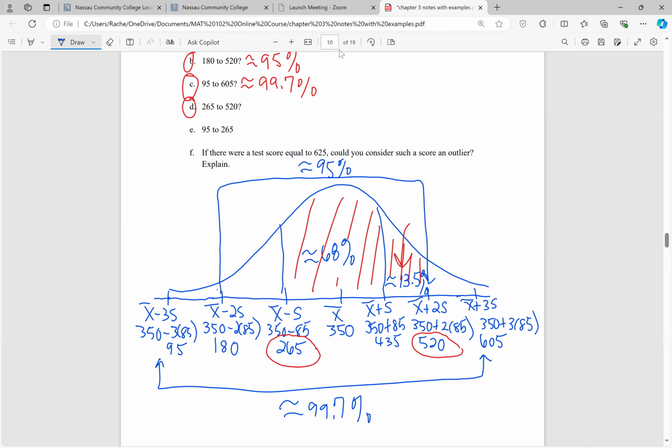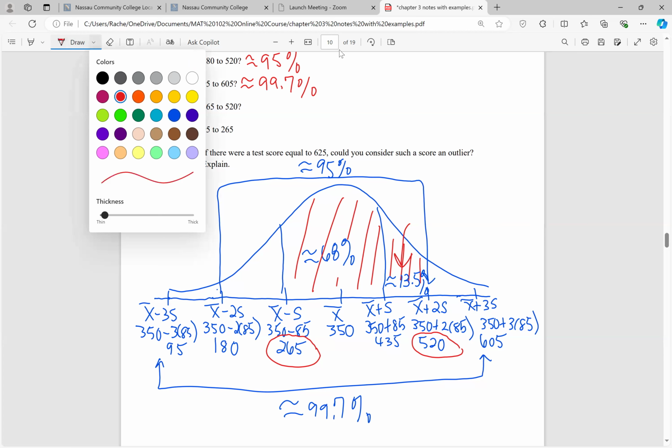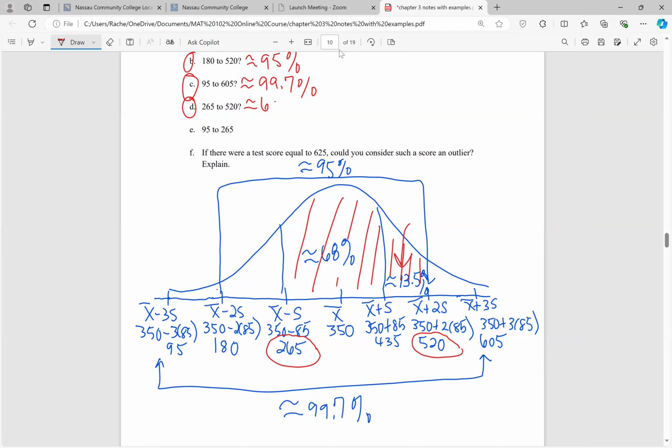So this is going to be about 68% plus that 13.5%. We're going to add the two together. So 68% plus 13.5% is going to give us about 81.5% of the scores we would expect to be between a 265 and a 520.